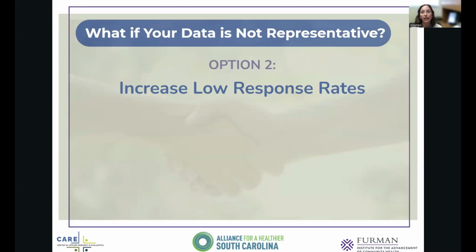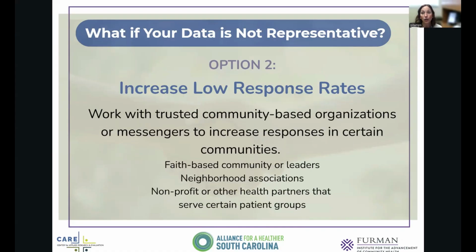Option two is to increase your low response rates by working with your community partners. Can you work with community-based organizations or other messengers to help increase the responses to your survey? So think about neighborhood associations, faith-based community, nonprofits, other health partners that serve certain patient groups, for example.